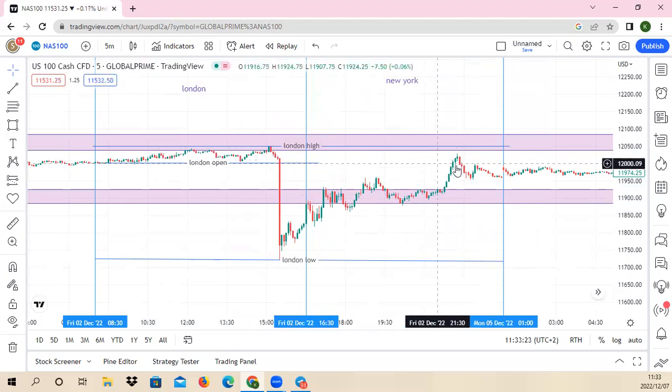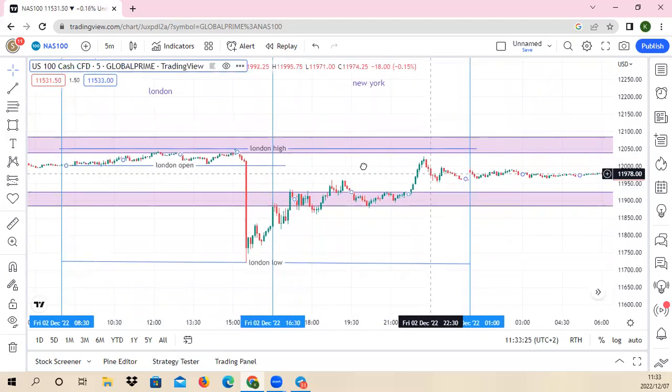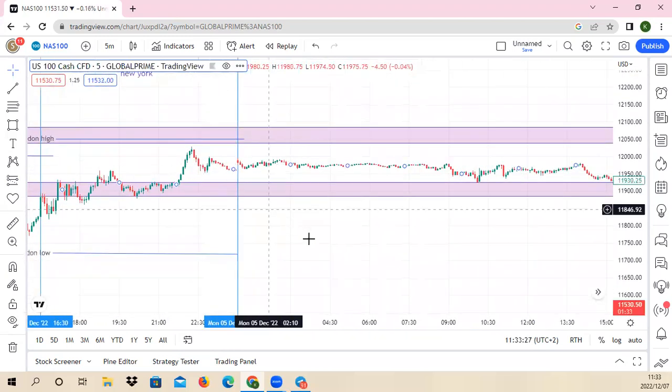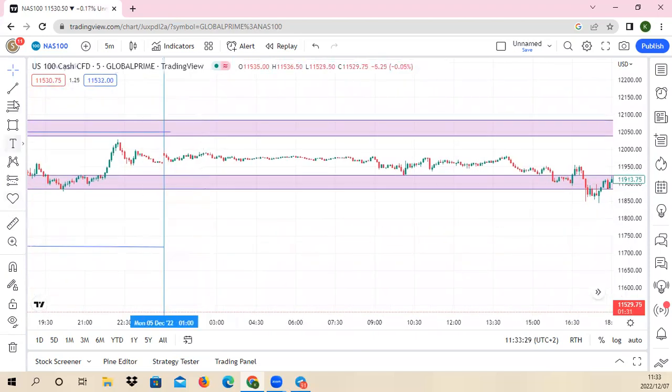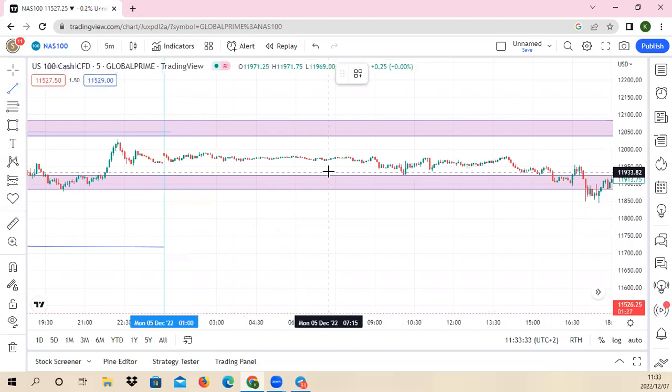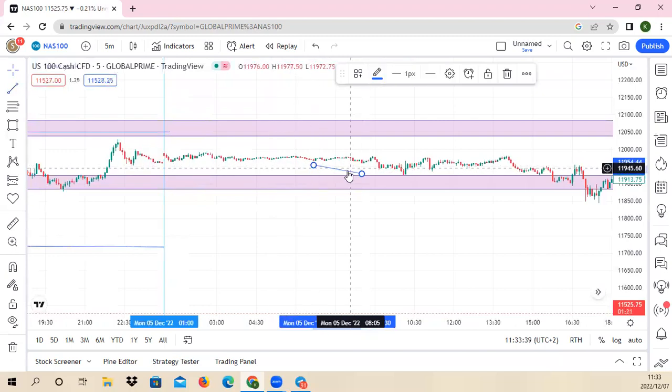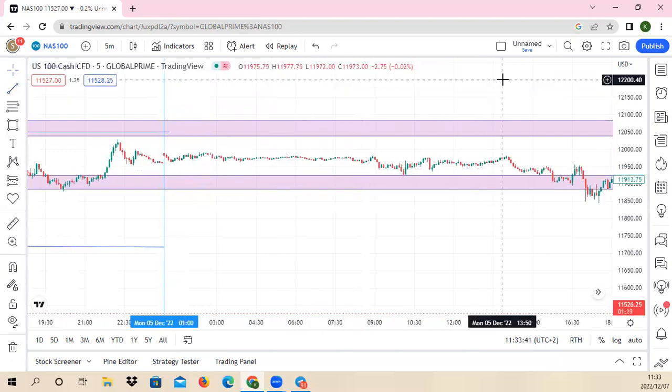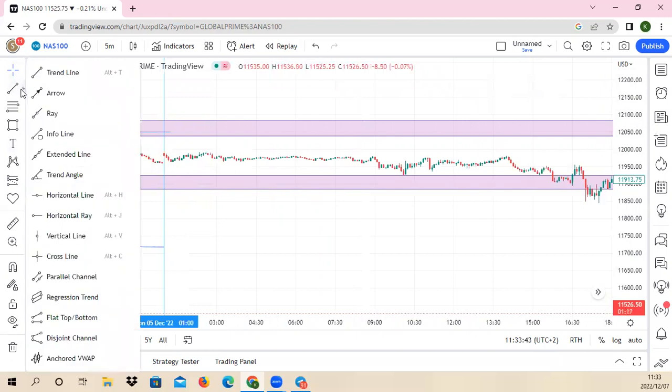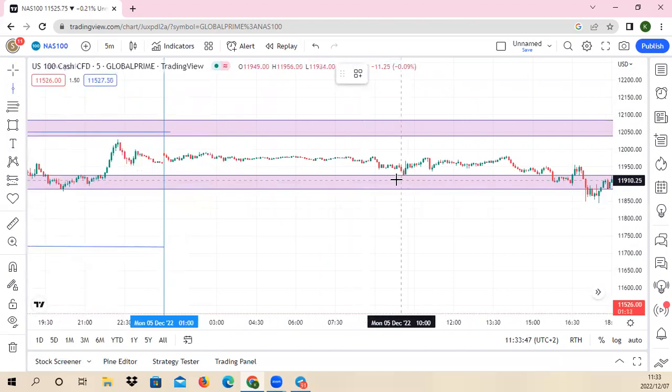So now the liquidity was gapped in during the New York session. So now it's a Monday. Let's just mark the New York. So usually Monday, nothing happens actually, unless it's just shifting from a zone, but usually nothing really happens.